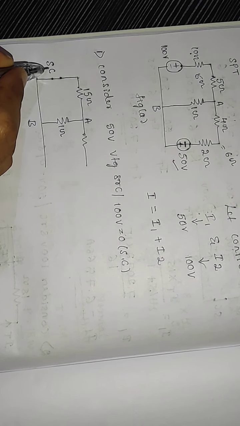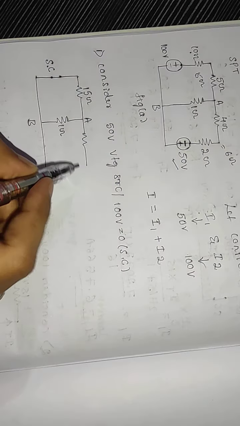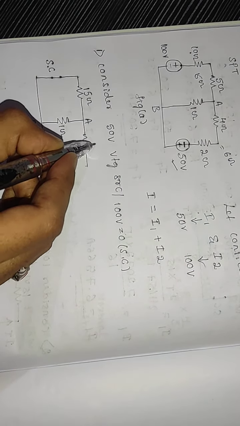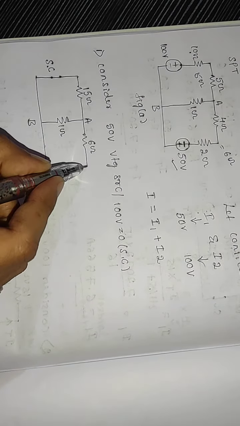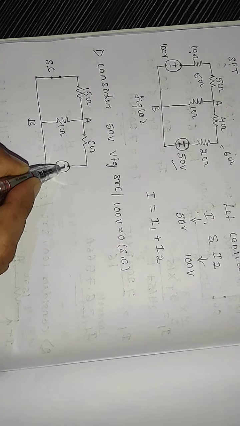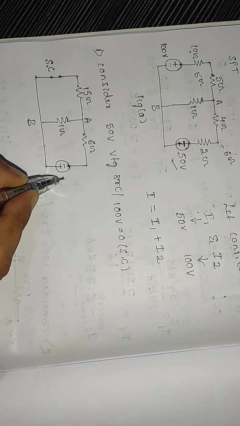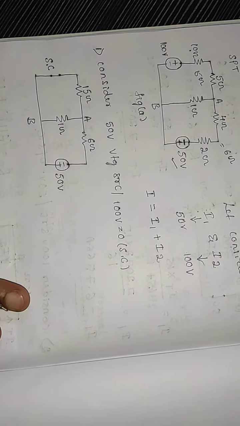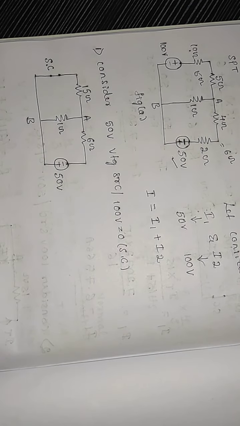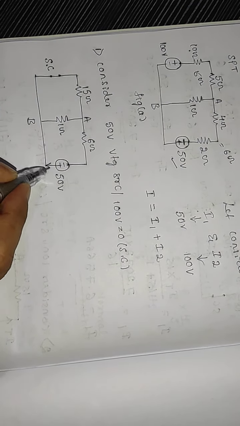You have to set this 100 volt voltage source equal to 0, right? Here the resistance becomes 6 ohm, 4 plus 2. We are considering 50 volt. Conventionally the current flows from the positive terminal, right?